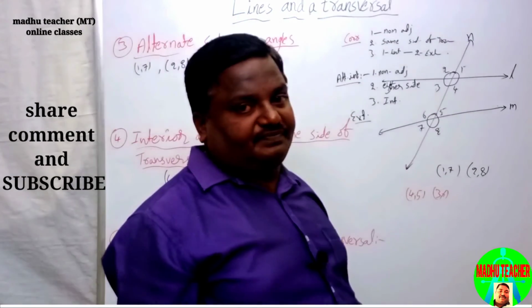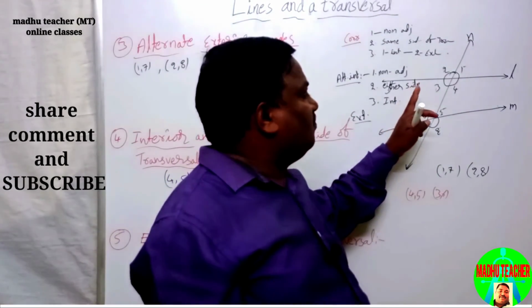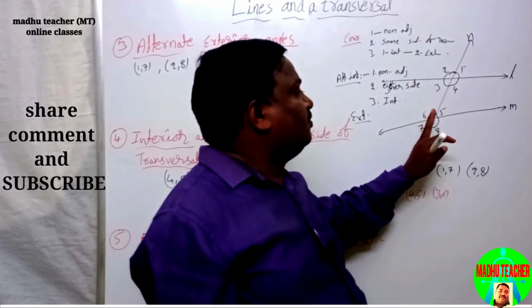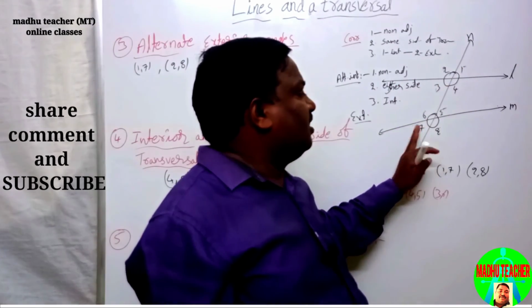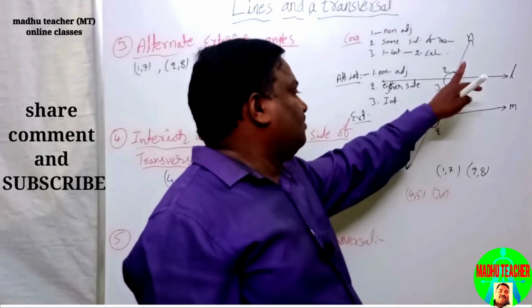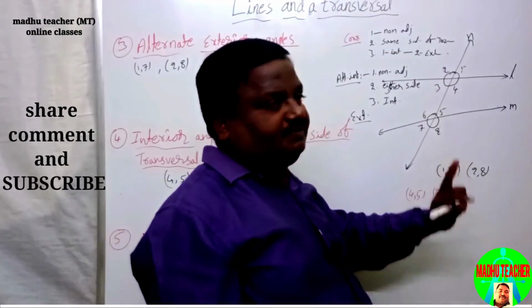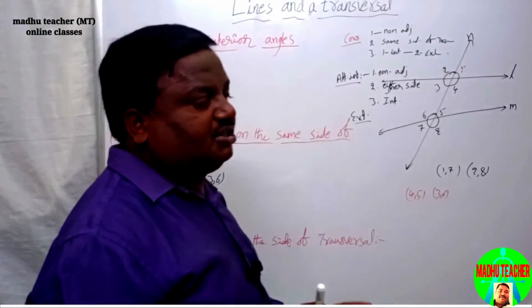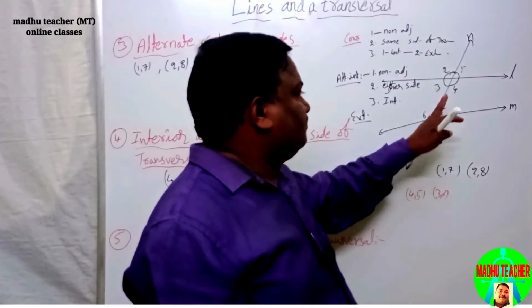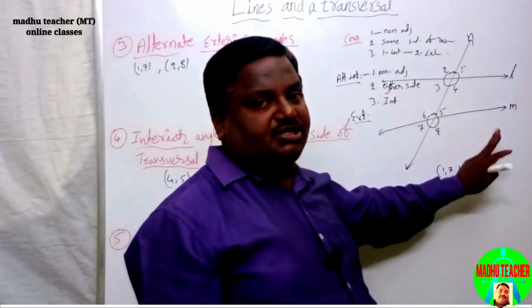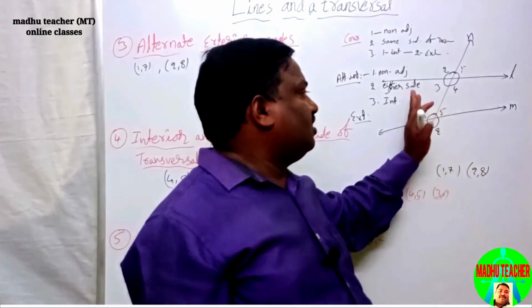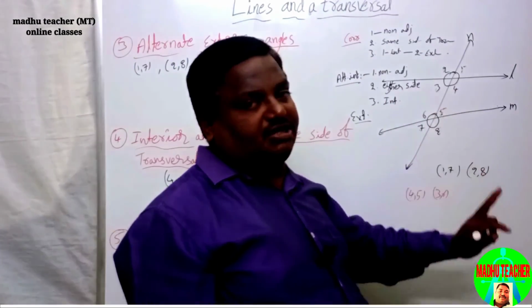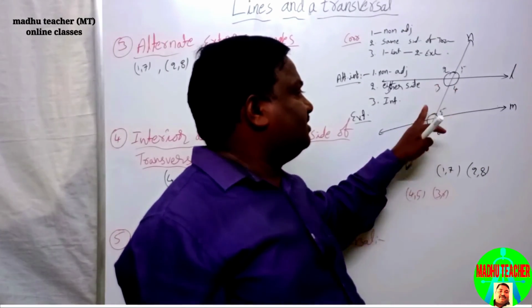Alternate exterior: non-adjacent, both exterior and on either side, 1, 7 and 2, 8. Interior angles on the same side of the transversal: 4, 5 and 3, 6.